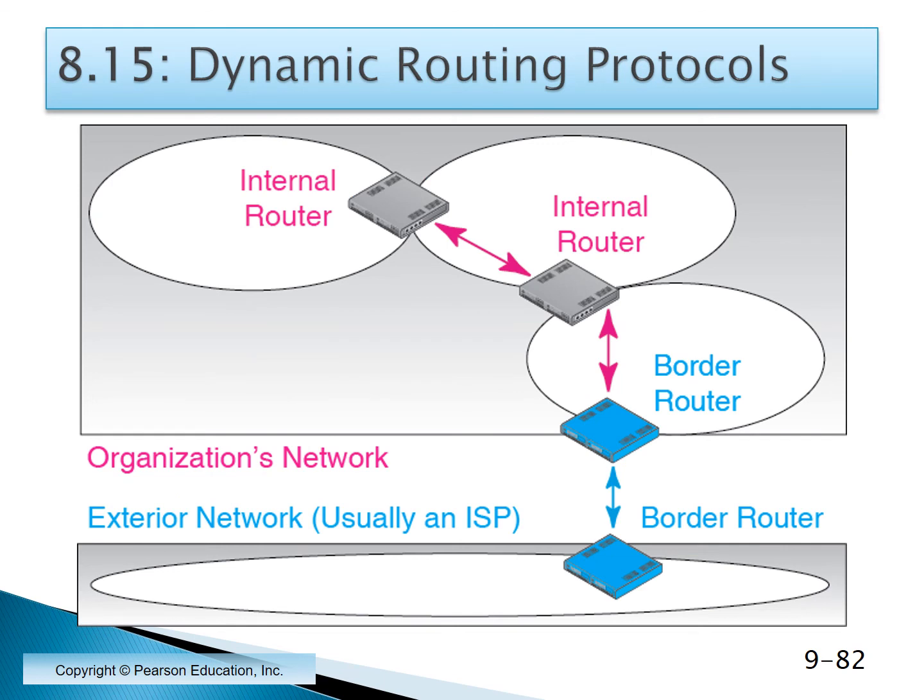So suppose you have this organization network, and within your organization network, you may have several internal routers. And when you are going out of your organization network, you have what we call the border router. This border router may be connected to your ISP or other external networks, like through another border router. When we have a diagram like this, different dynamic routing protocols may be used at different levels.